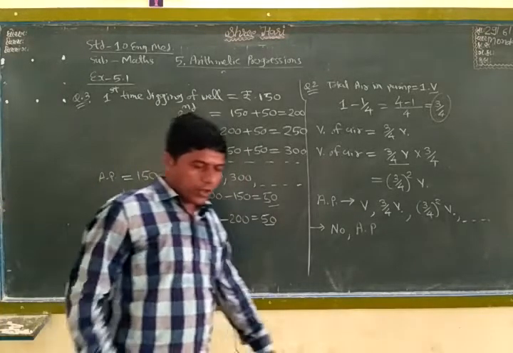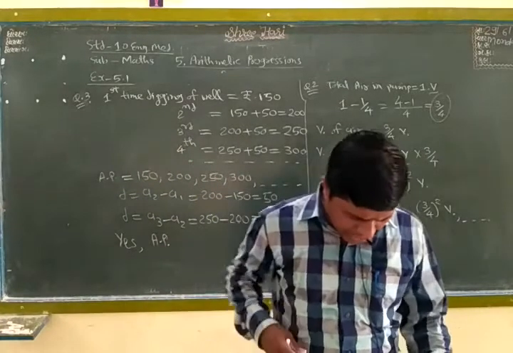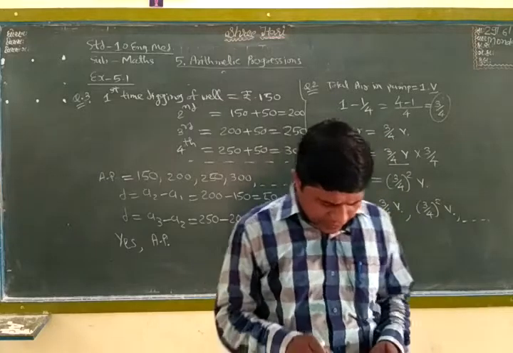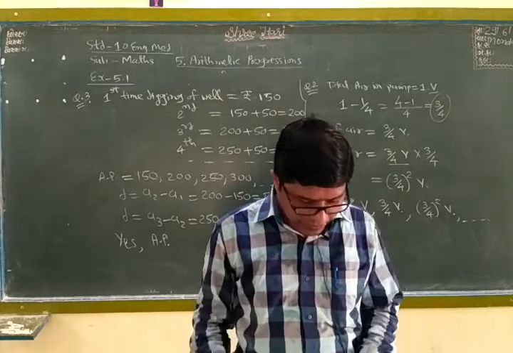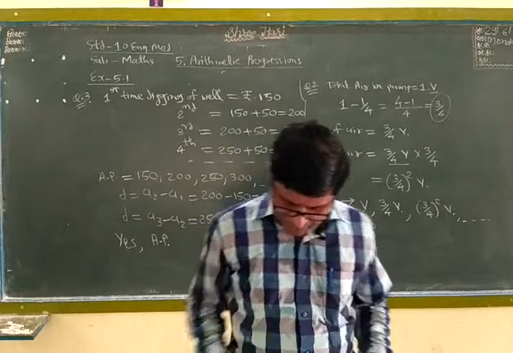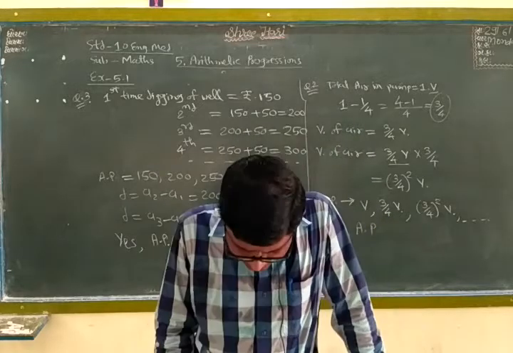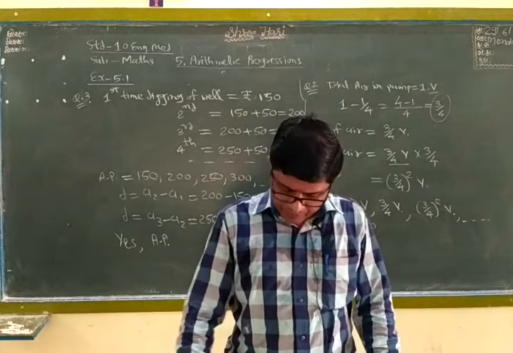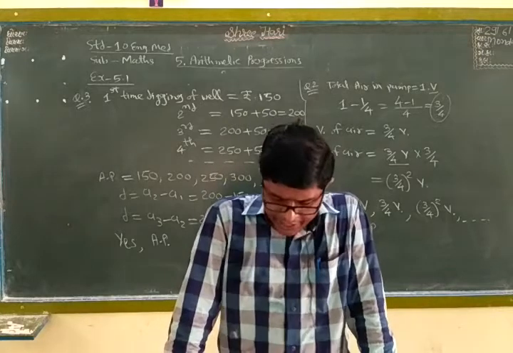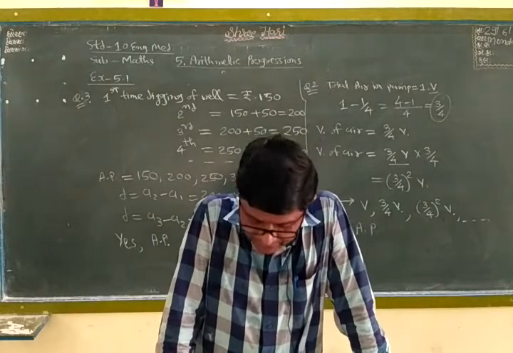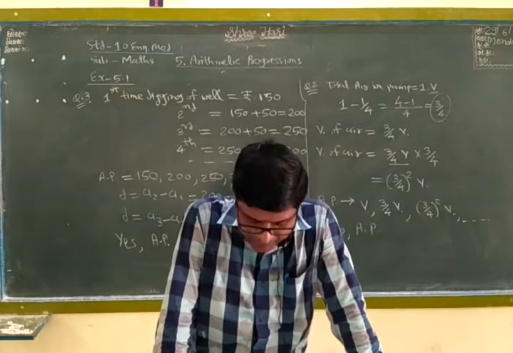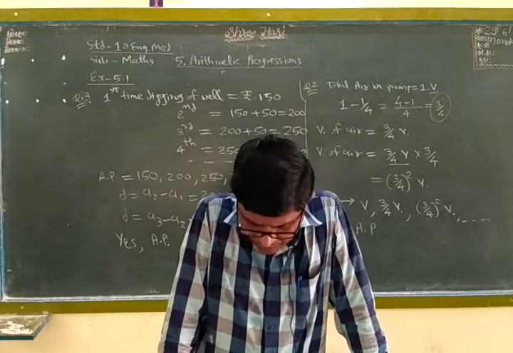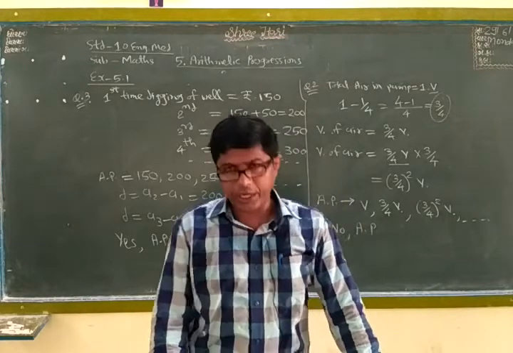Now question number 4 we start here. What is given in the question first? Written first: the amount of money in the account every year. 10,000 rupees is deposited at compound interest, 8% per annum.